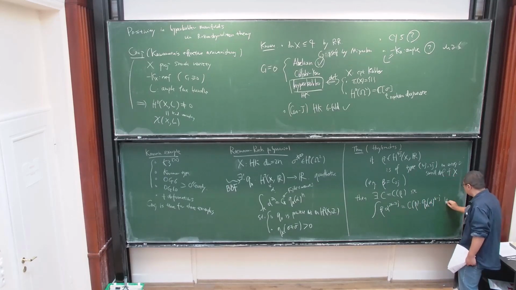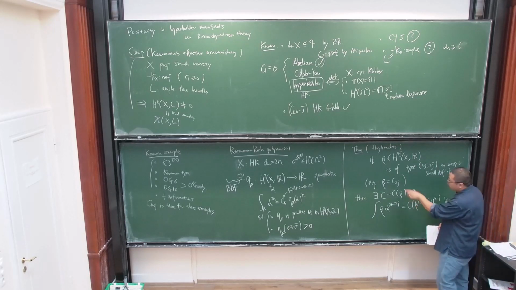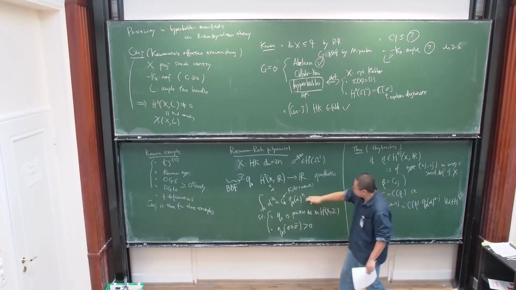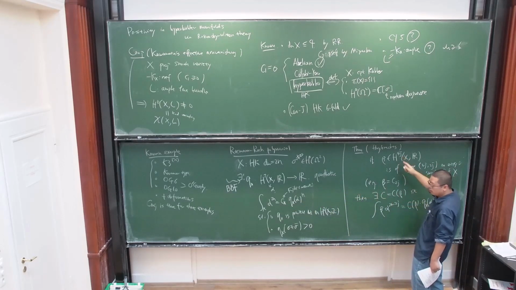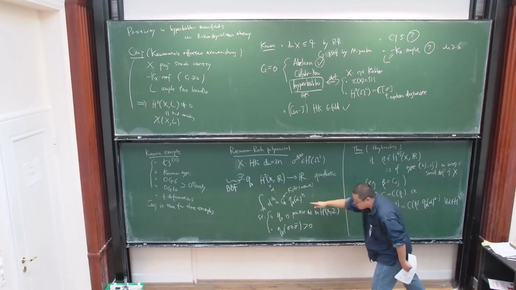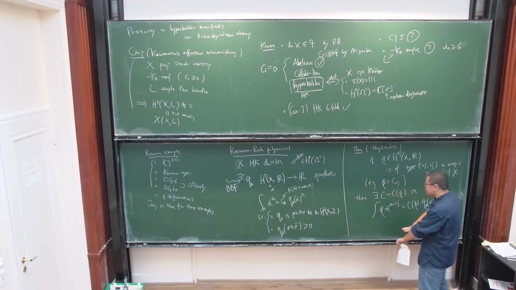Okay, so this is for any alpha in H2. Okay, so Fujiki, so if we take beta to be 1 in H0, then this generalizes this equality, right?